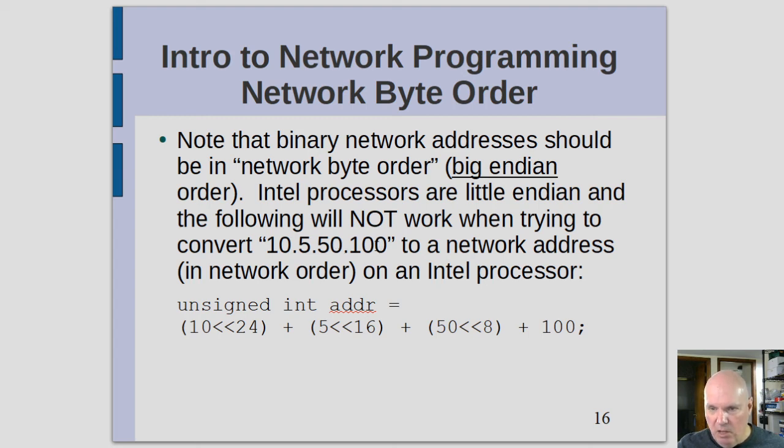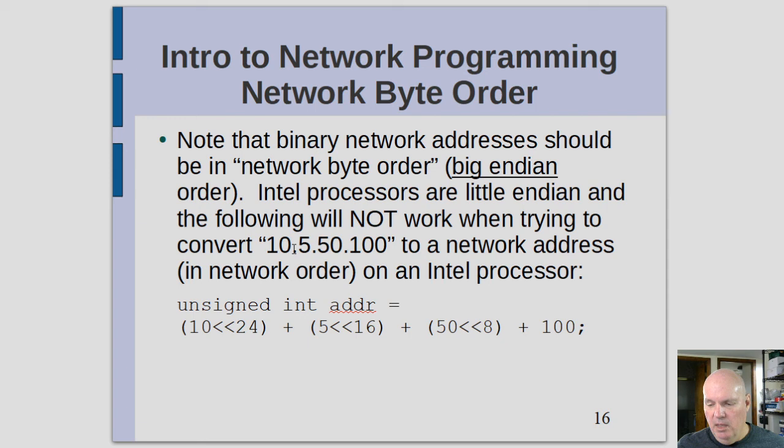But on an Intel processor, these would actually be stored in reversed order. If you did a memory dump, you'd actually see the 100 first, then the 50, then the 5, and then the 10. Well, that's a problem when you're sending data between computer systems.